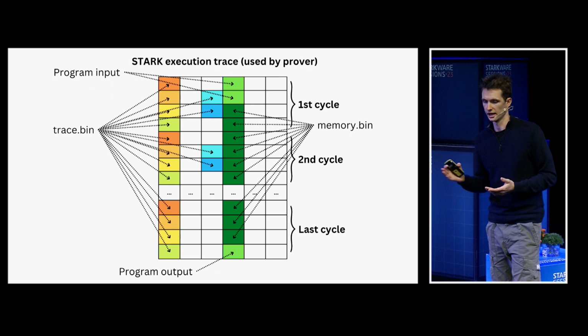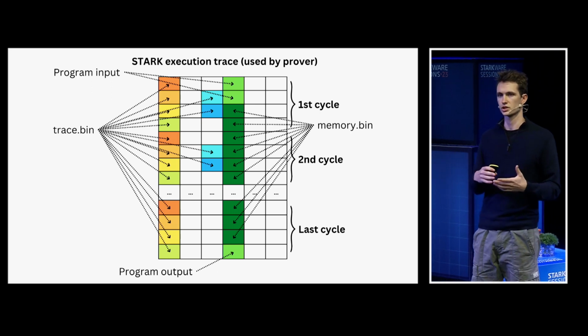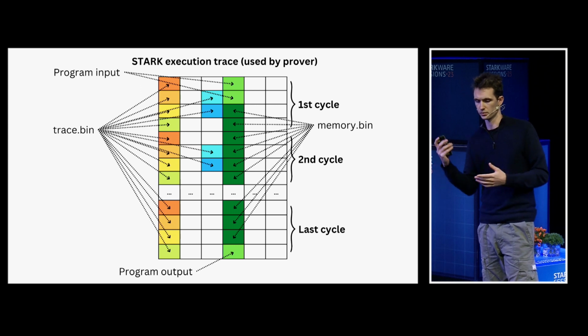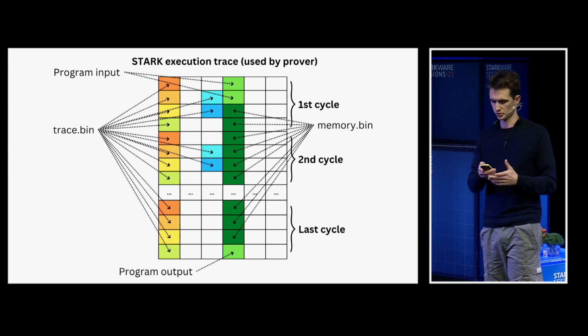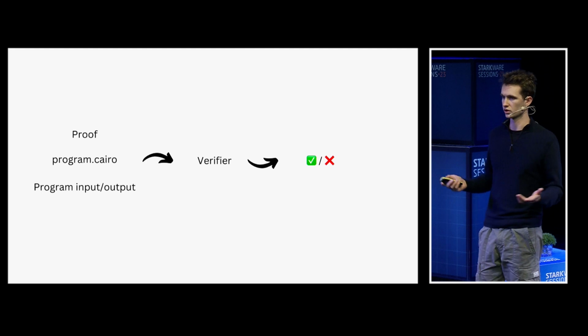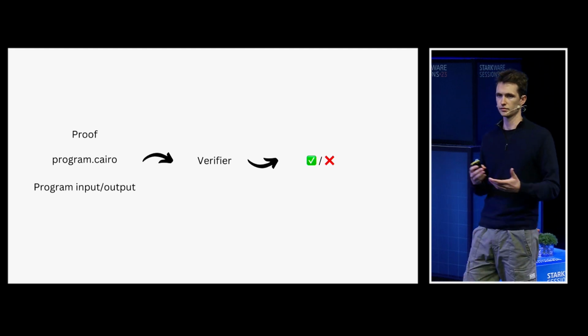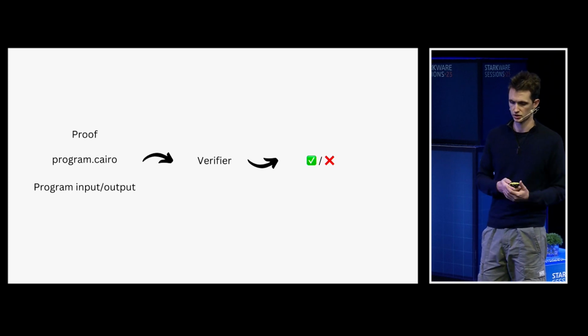Stark prover. And the Stark prover is what's responsible for generating a proof. This is where you do all of the heavy computation to generate your proof. And then once you've got the proof, you can use the source code and verify that the program was executed correctly.